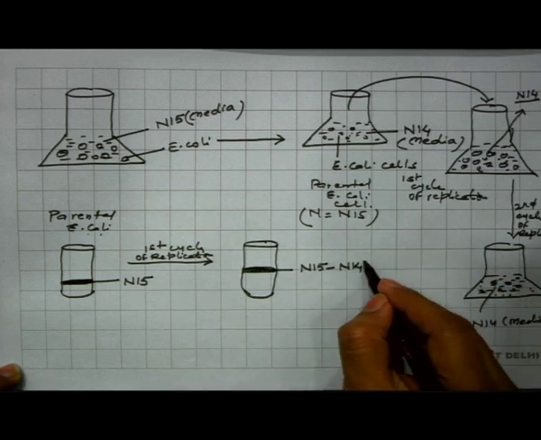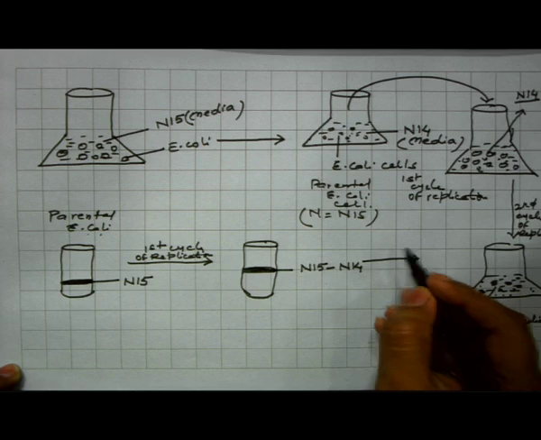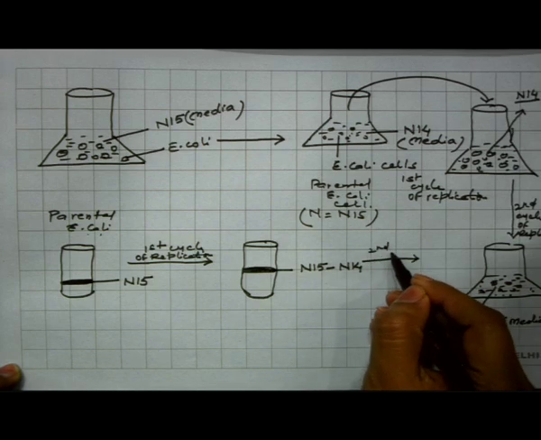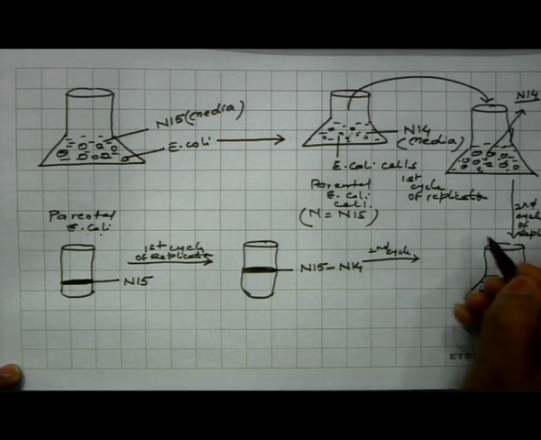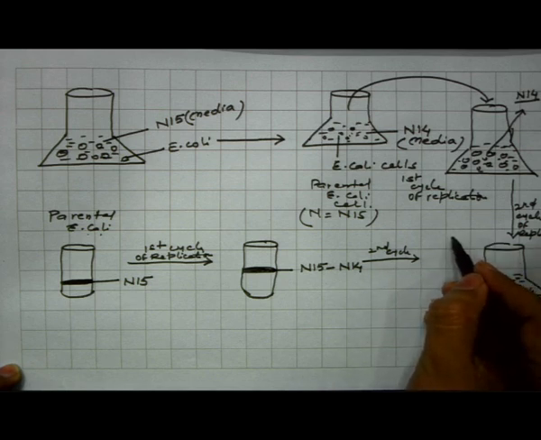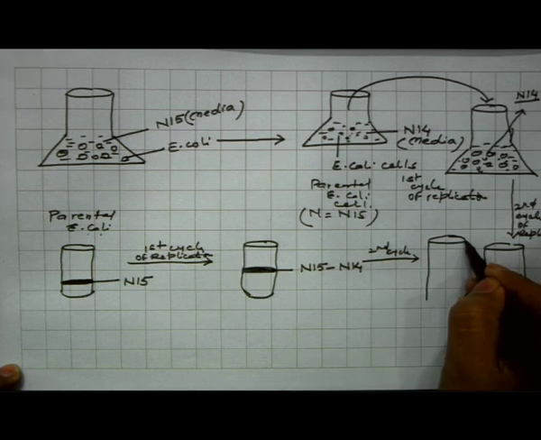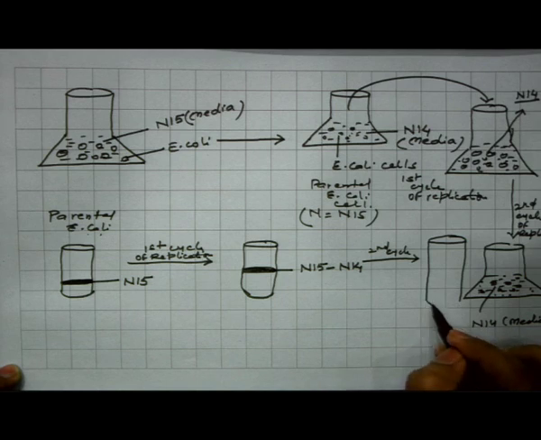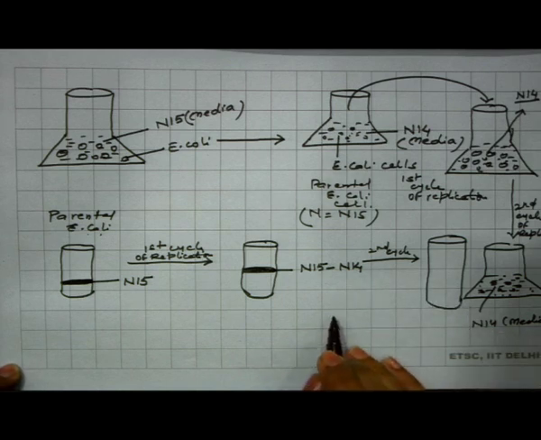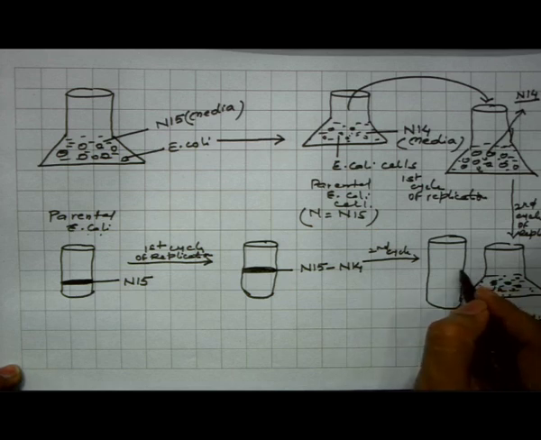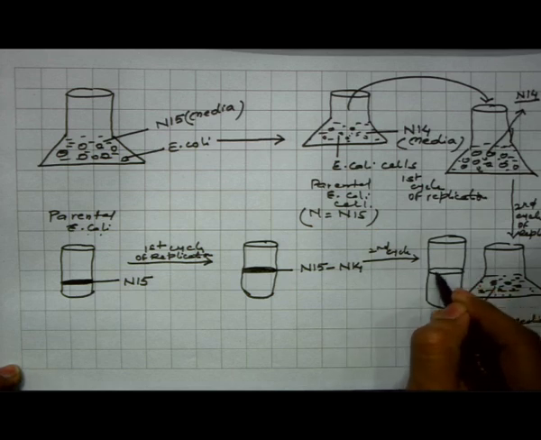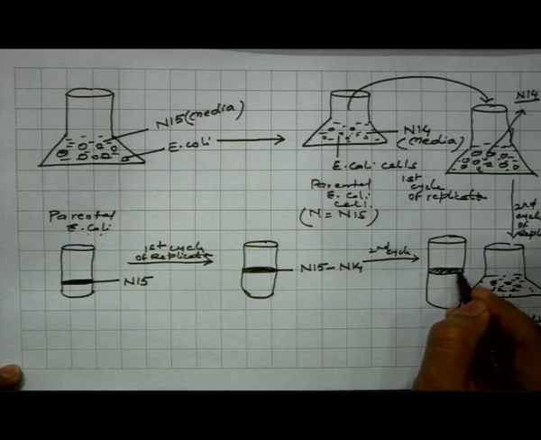And in the second cycle, again they isolated the DNA from bacteria and separated the DNA on cesium chloride density gradient centrifugation, and they found two bands of DNA.